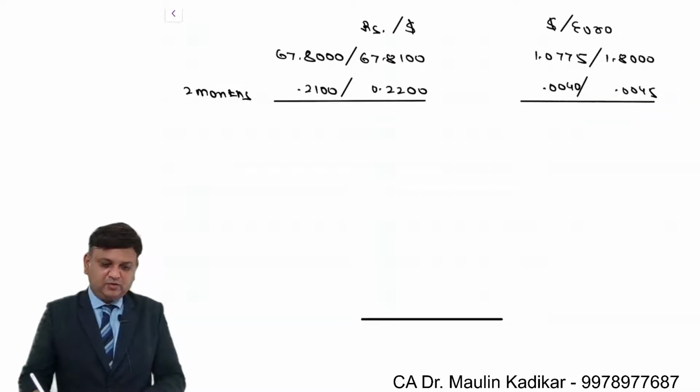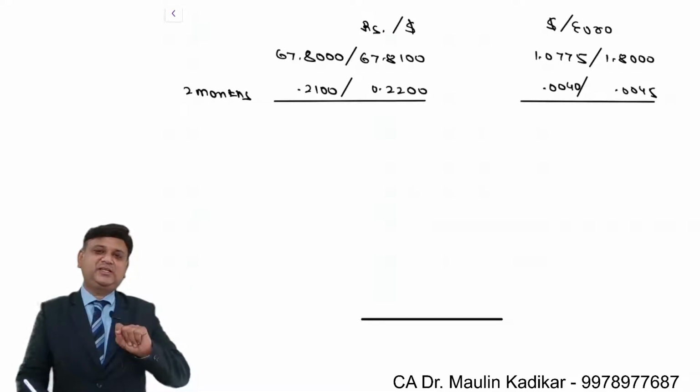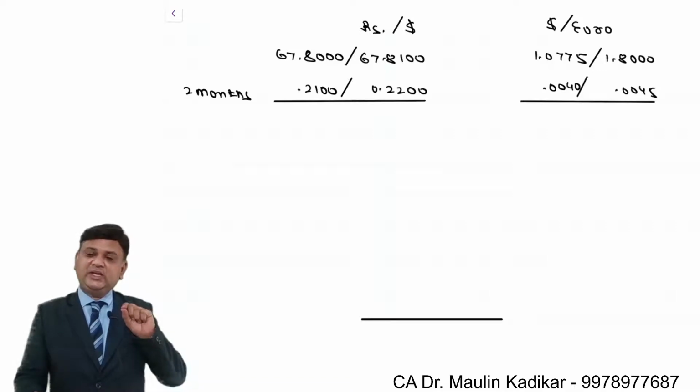Remember that 40 cents and 45 cents are not given. 0.40 cent is given. And over here it is directly 21 paise and 22 paise have been given.